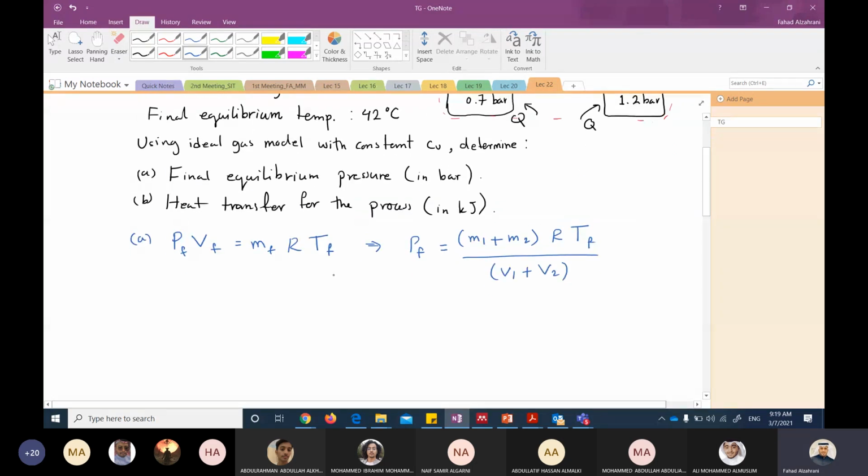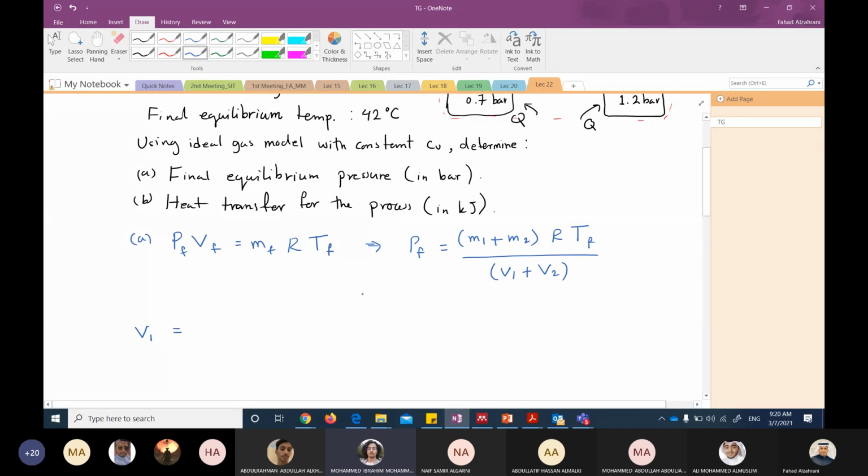Now the question is, what is the volume for tank 1 and volume for tank 2? Can I find it?